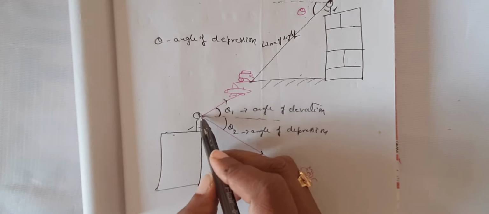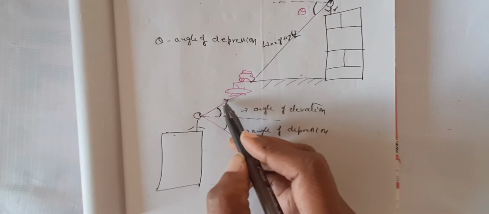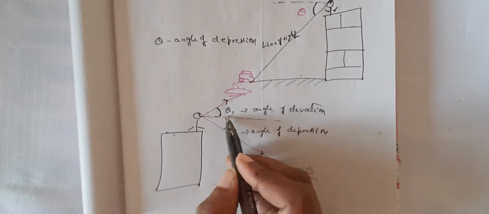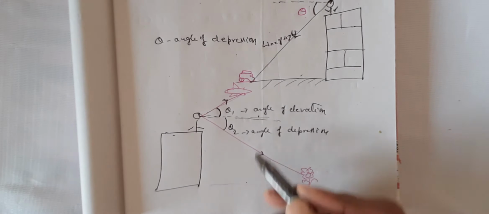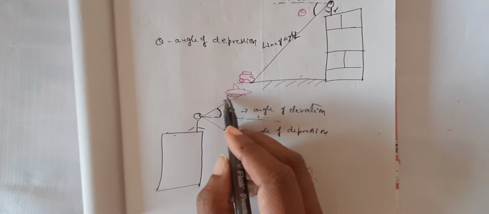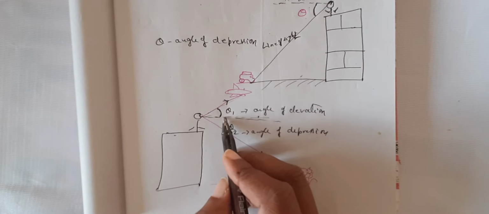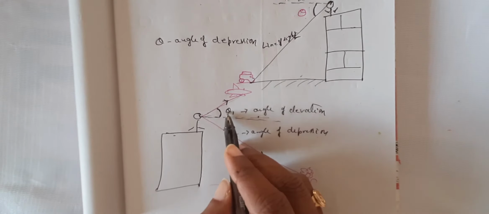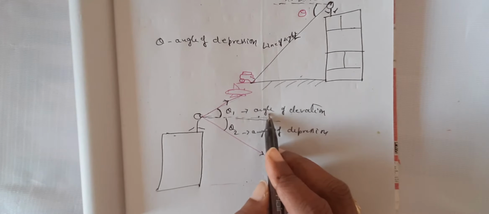So his line of sight is upward. Now if you draw a line parallel to this horizontal, then the angle made by the line of sight in the upward direction with the horizontal is angle of elevation. So theta 1 is the angle of elevation.